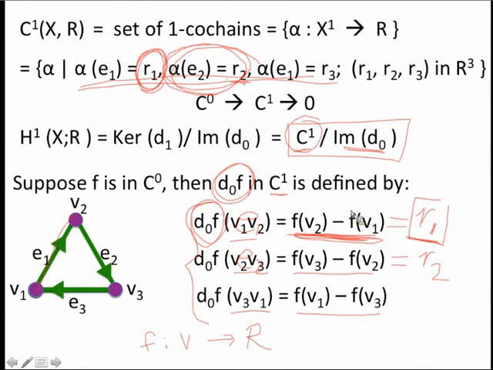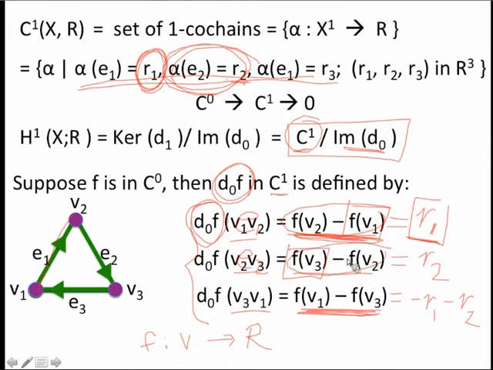I've already chosen where V1 gets sent to, and where V3 gets sent to by F, so now this thing is uniquely defined. If I had sent these to 0, R1, R1 plus R2, then I'd have 0 minus R1 plus R2, and this thing would be minus R1 minus R2. It doesn't matter what we send it to, as long as the difference is R1 here and the difference is R2 here.